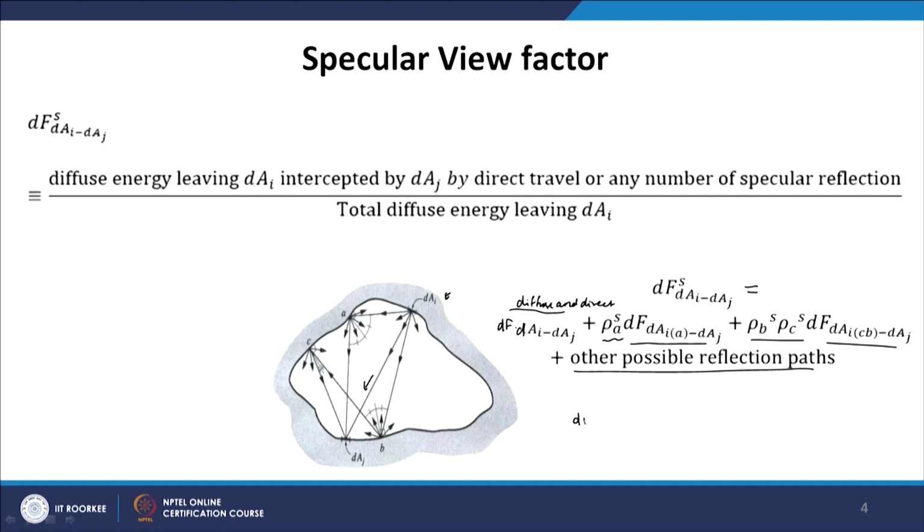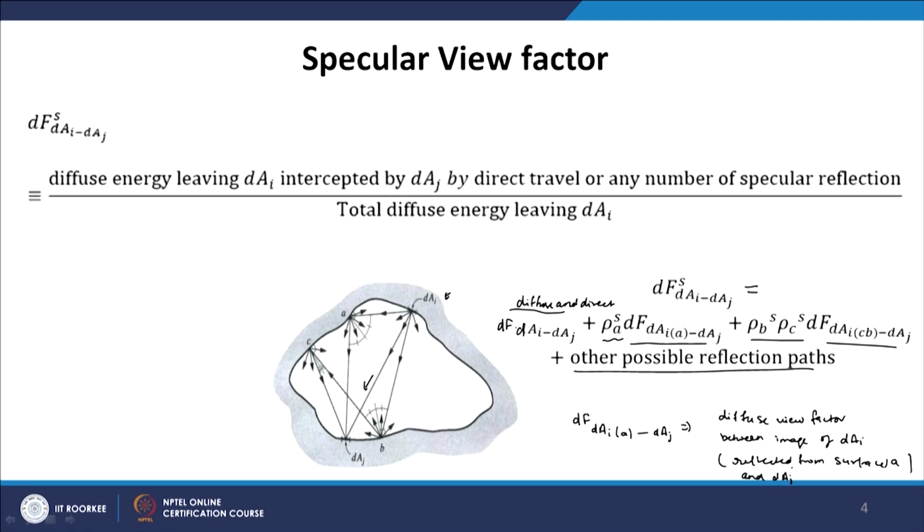So, the quantity dF dAi A dAj is defined as the diffuse view factor between the image of dAi, reflected from surface A, and dAj.